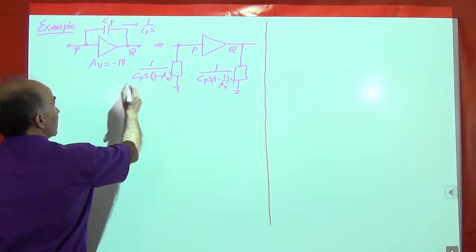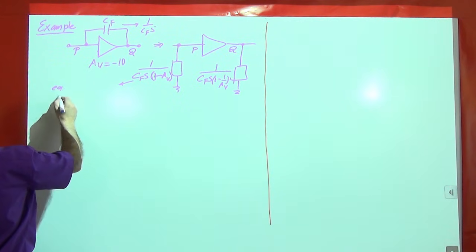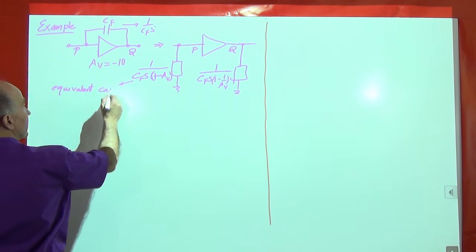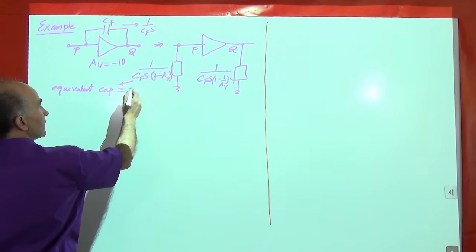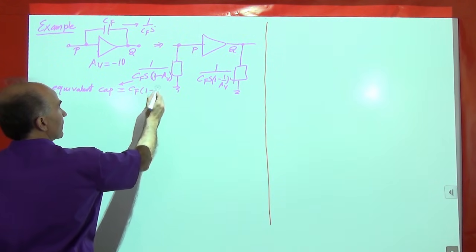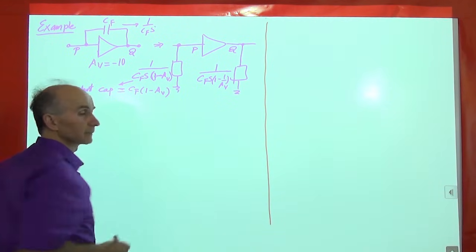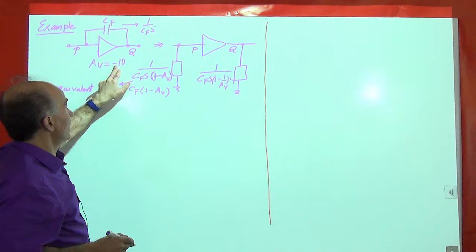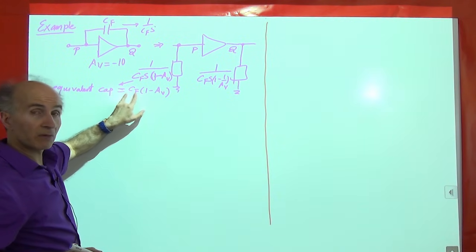So the equivalent capacitor is CF times 1 minus AV.